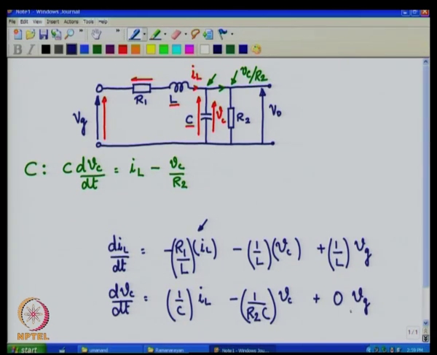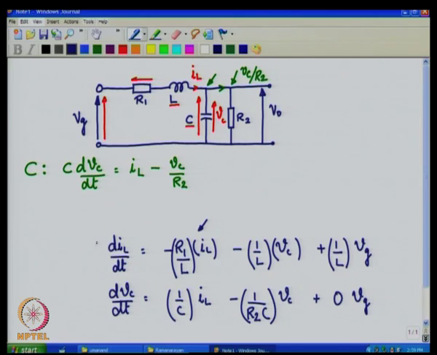So, there is no component of the input in this particular equation. Both are state components. The capacitor value C is taken to this side of the equation, rearranged to obtain these coefficients.